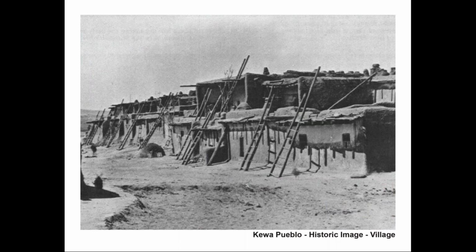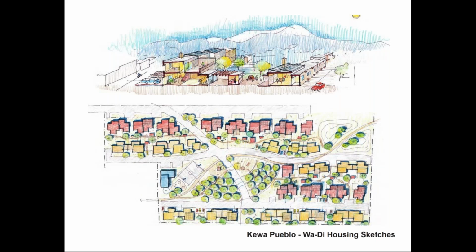And now we're getting into the housing unit, the housing development itself. This is a historic image of Kiowa Pueblo, of how the community developed over a period of time. And so how is this either informing or not informing how we would develop a plan or a concept for housing?